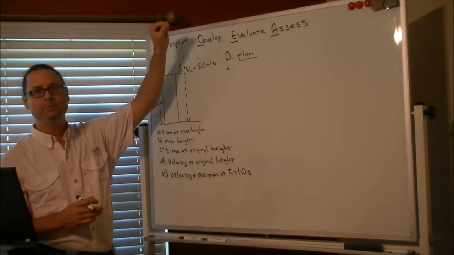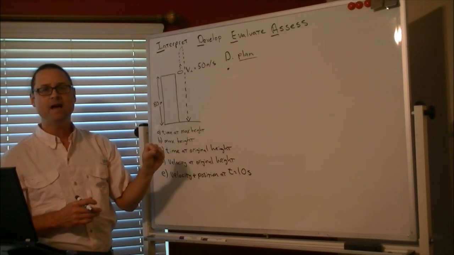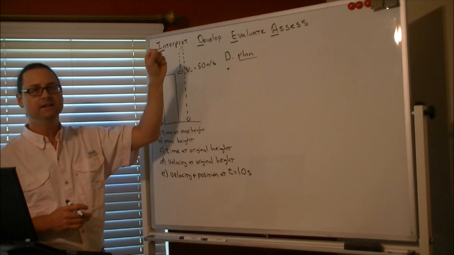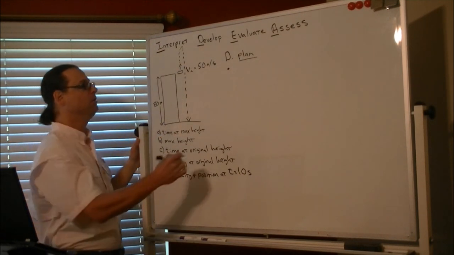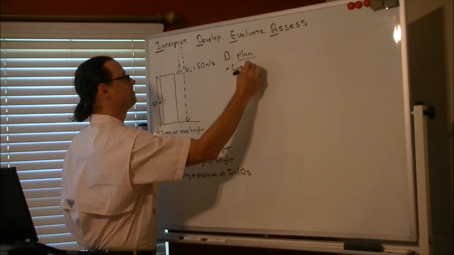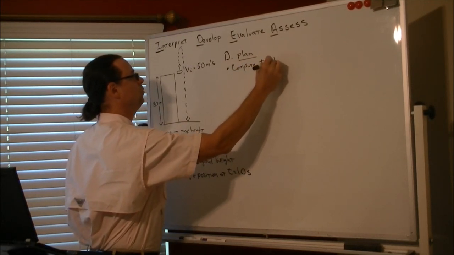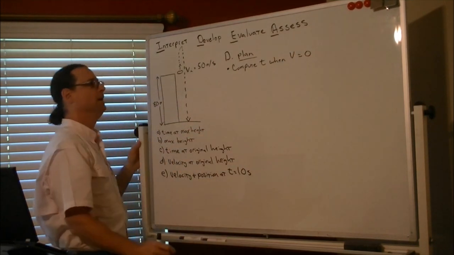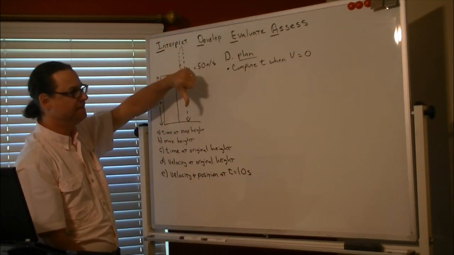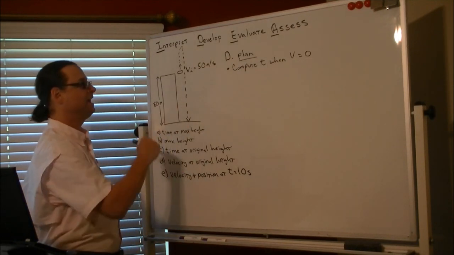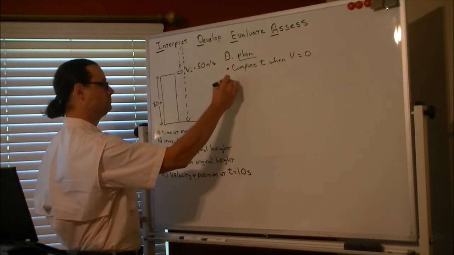A moment after the maximum height, the stone is going to be going down. At the instant of that maximum height, the velocity is going to be zero. So let's compute the time when v equals zero, right? You start positive, you end negative. That instant when the velocity is zero, that is the time at the maximum height.